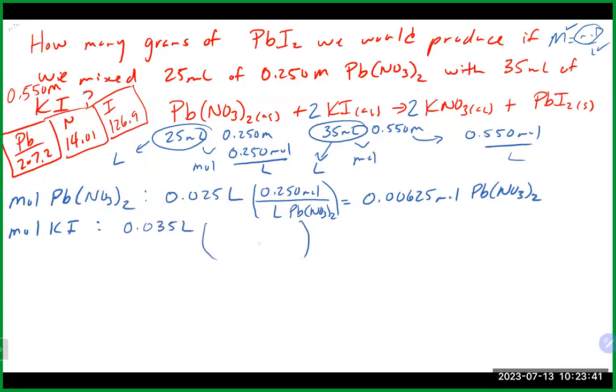Once again, using the molarity as a conversion factor, 0.550 moles per liter. And that gets us 0.035 times 0.55, 0.01925 moles of KI. First off, any questions on those steps so far?